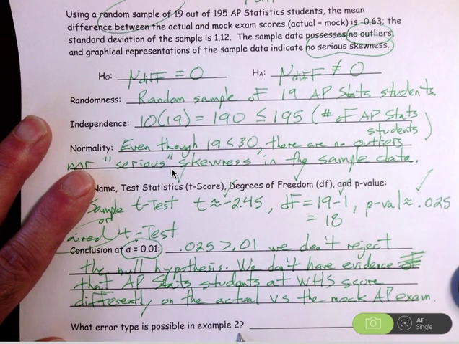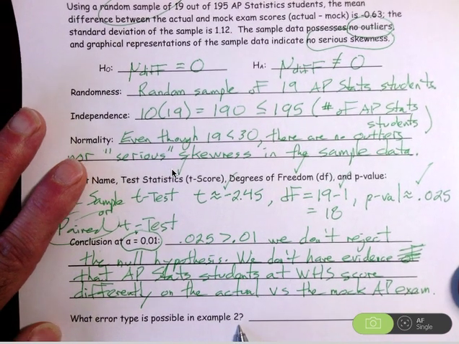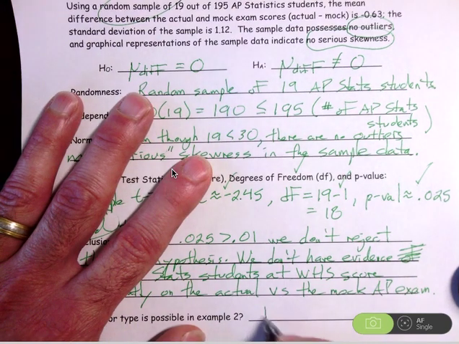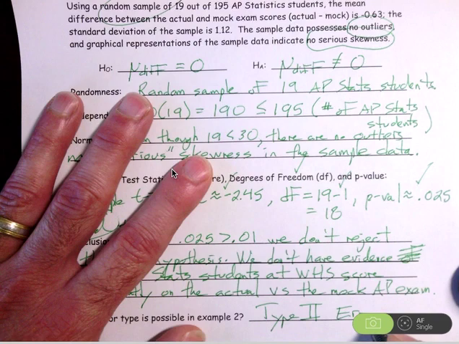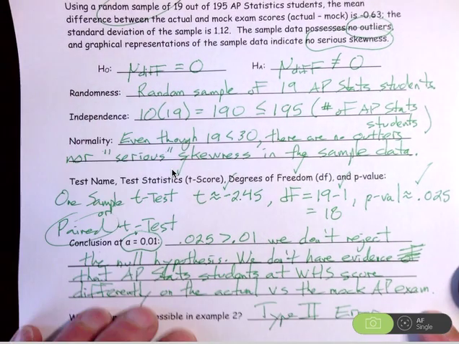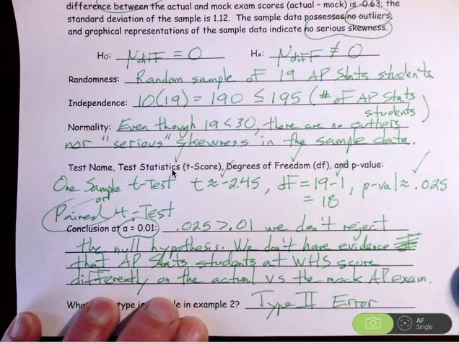Well, the type of error that's possible here in example 2 would be a type 2 error. A type 2 happens when you do not reject the null hypothesis when you should have rejected the null hypothesis. So in this context, have we made an error? I'm not sure.